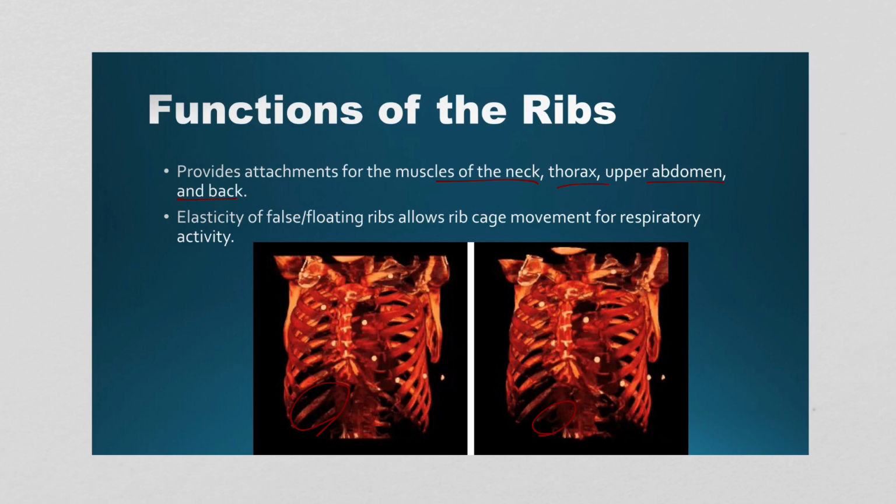This frees up the rib cage enough during inhalation to allow it to expand, and then during exhalation to return to a normal resting place. So ultimately, those false and floating ribs are key in increasing the amount of mobility that we have within the thoracic spine.